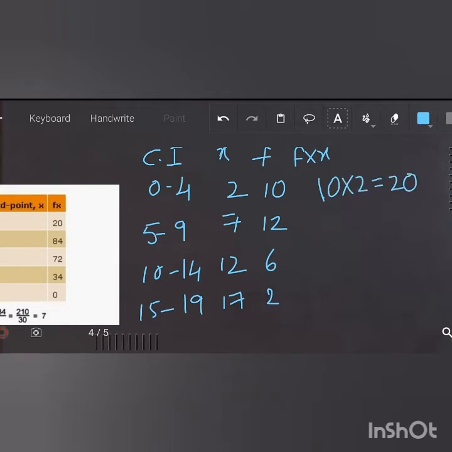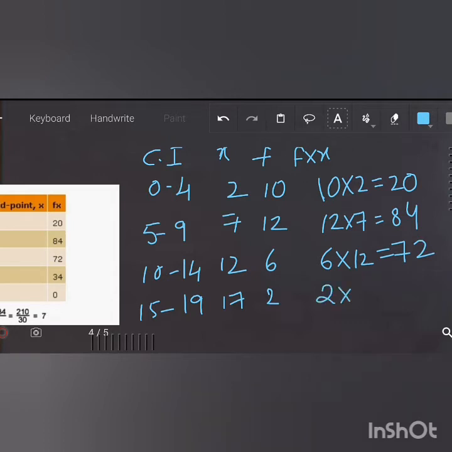Next one 7 into 12, or you can write 12 into 7 also. 12 sevens are 84. Next 6 into 12, 72. Next 2 into 17, 34. Now we got the product of frequency and mid values for all the classes.